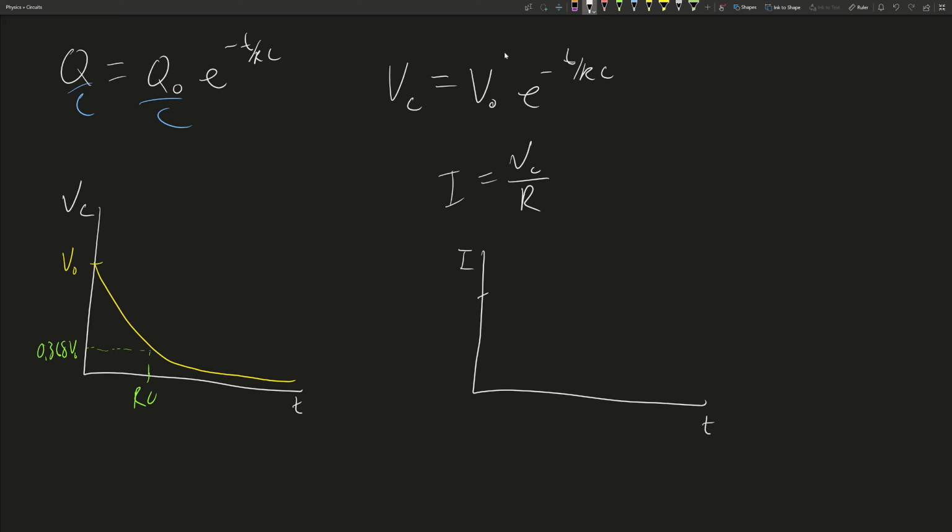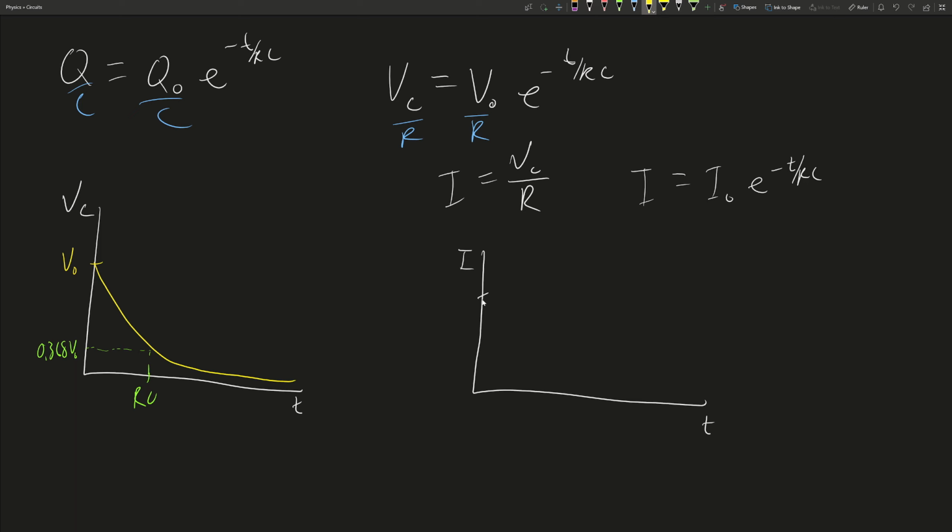So if we divide both sides by R, we get that the current is equal to the initial current through the circuit times e to the negative t over RC.